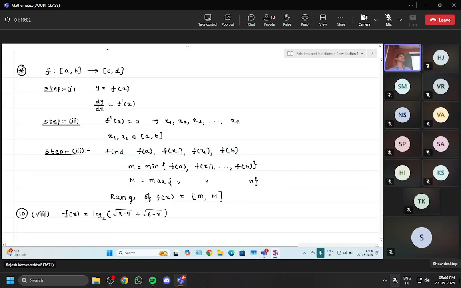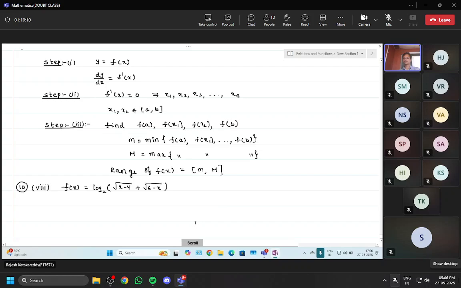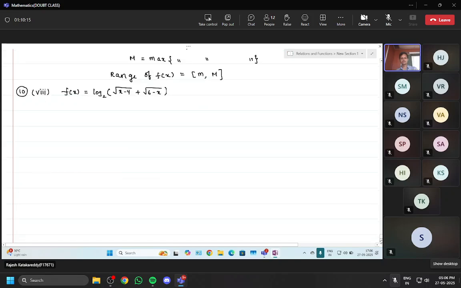Now x minus 4 and 6 minus x are inside square roots, so both should be greater than or equal to 0. Then only it is real, or else you will get imaginary values. So making sure x minus 4 is greater than or equal to 0, at the same time 6 minus x is also greater than or equal to 0.